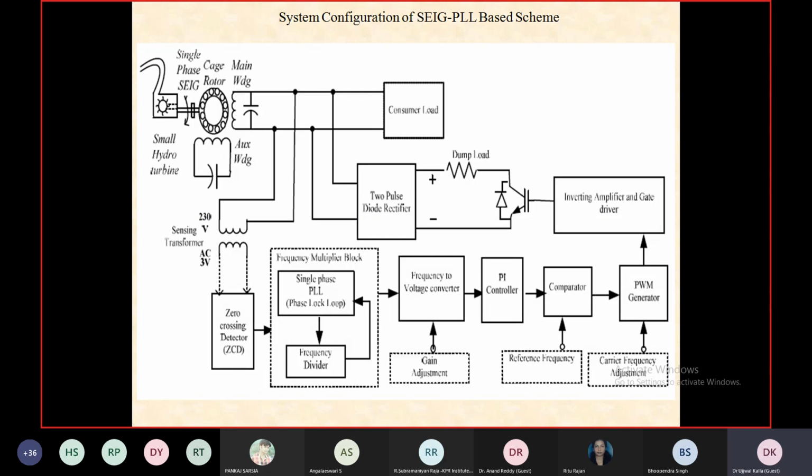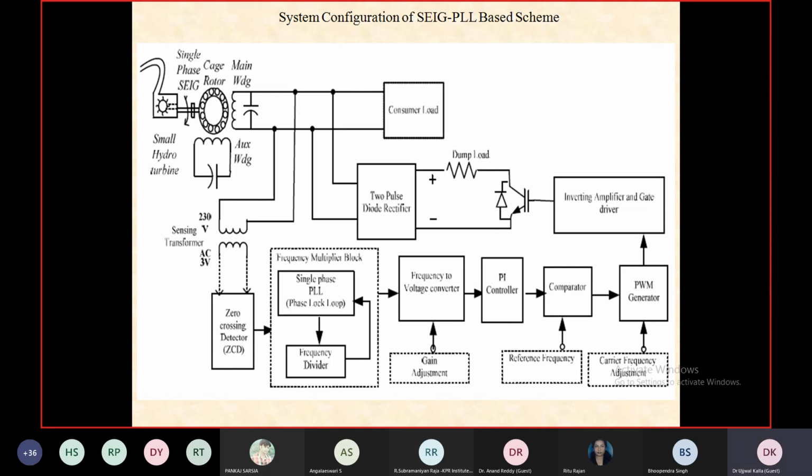Now if you increase the load further, the system will require more reactive power. But the source of the reactive power is constant here, since the capacitor connected across the auxiliary winding is a constant value capacitor, not an adjustable one. So when we increase the load on the system, the voltage will be reduced.